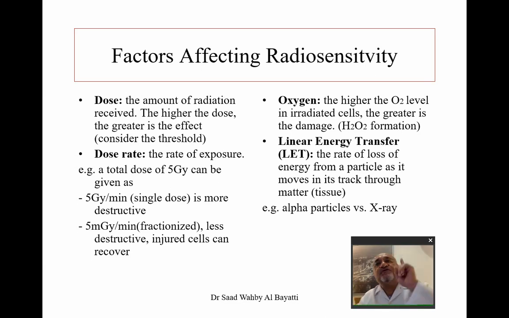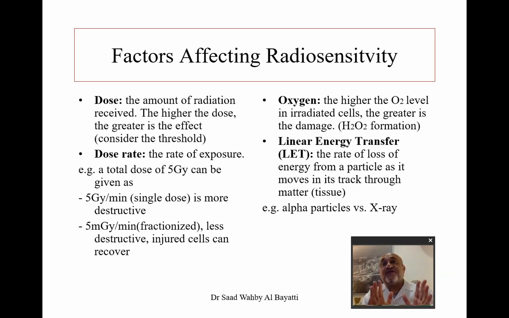But if the dose is very high and the time of irradiation is short, then this will exceed the reparative ability of the cells to reproduce and replace those damaged cells. So the body cannot survive, or the tissue cannot survive. This is what happens in burns and large doses. That's why even in radiotherapy, as we said a moment ago, we need to fractionize the dose so that we give time for the healthy cells to regenerate and replace those cells.